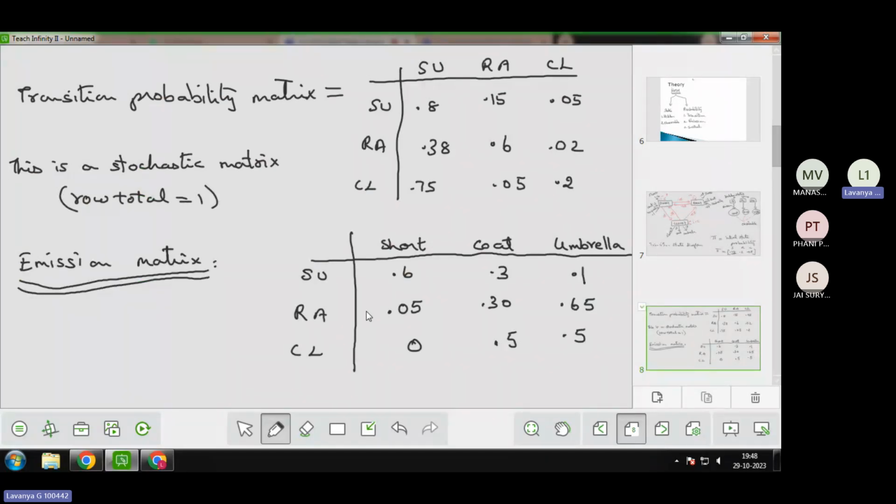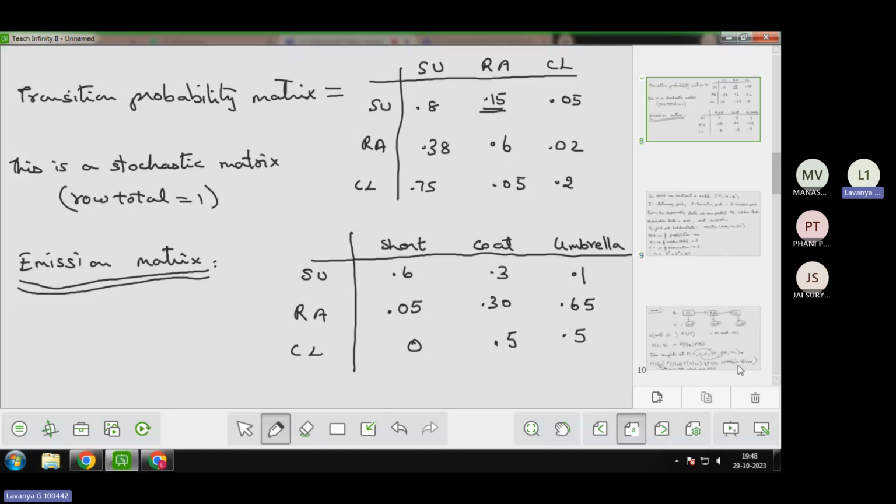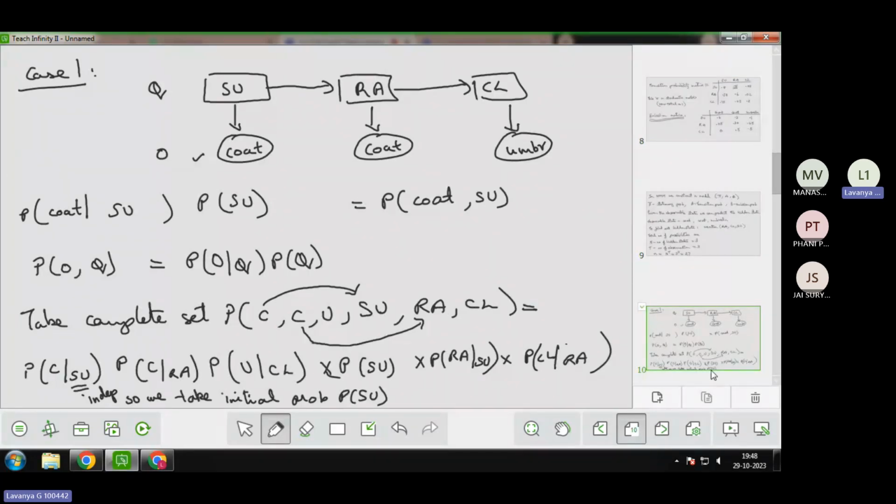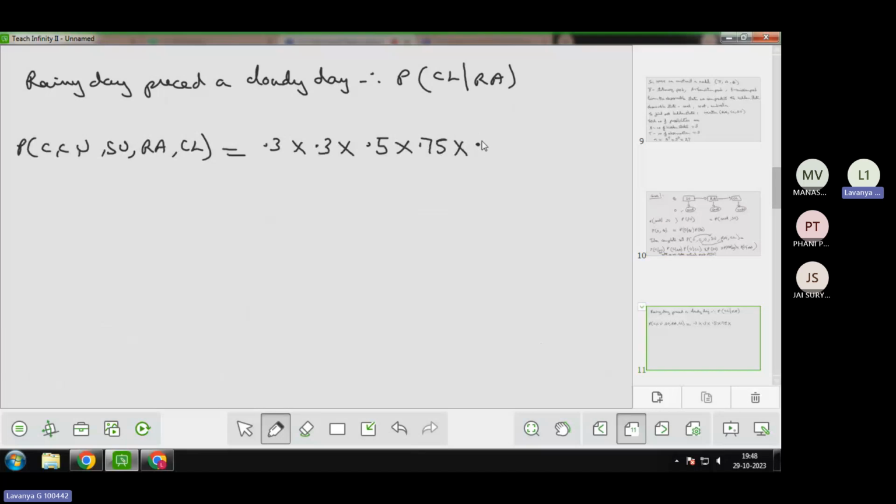I will come here, I go for RA and SU. That is, from SU, I have to go to RA. So I will be taking this 0.15. Then again, similarly, we will get 0.02. So if you watch very carefully, this you will take from transition matrix, and this you are going to take from your emission matrix. Am I correct?